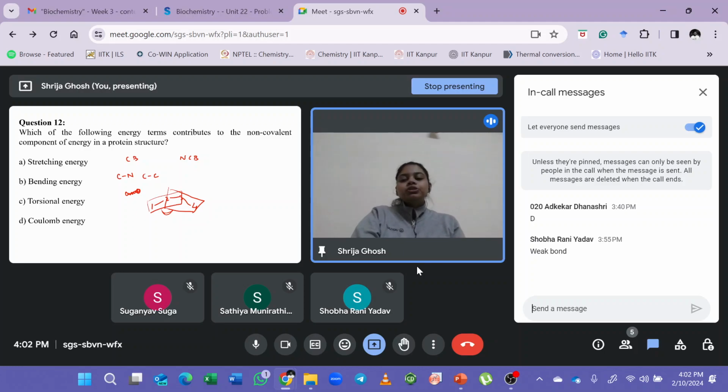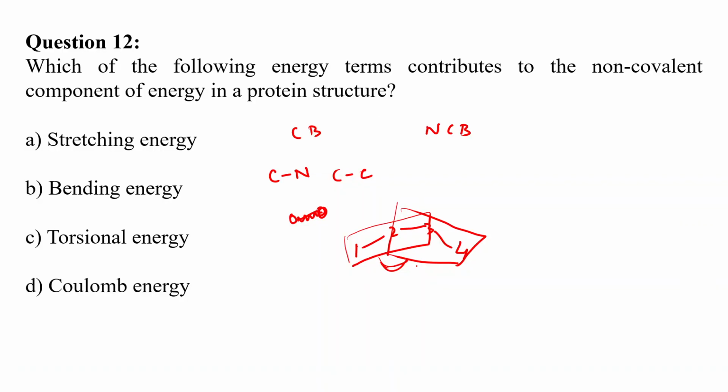The last option, Coulomb energy: Coulomb is a unit of charge, so it's actually the energy associated with ionic bonds. An ionic bond is a non-covalent bond basically. So Coulomb energy is the energy term for non-covalent bonds. So the correct answer is option D, Coulomb energy, that contributes to the non-covalent component of energy in the protein structure.